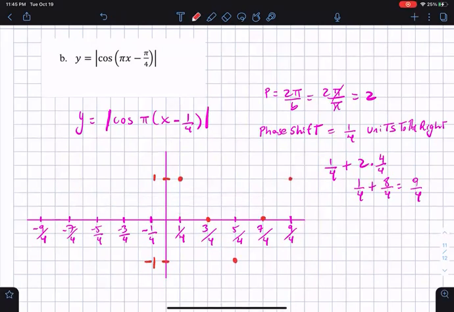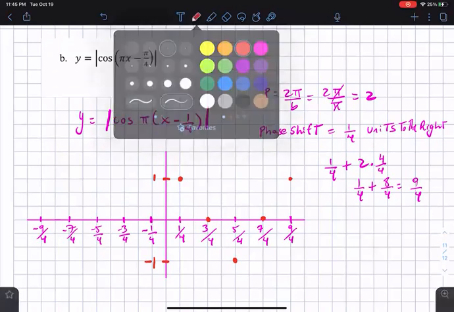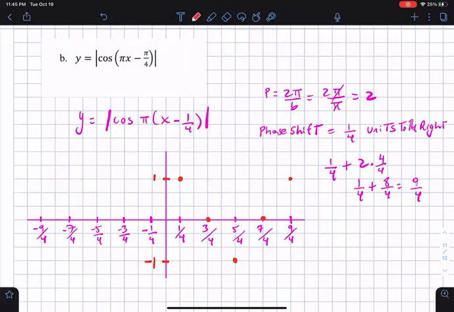That's 1 period right there, right? And then the next will be here, here, here, here, and here, right? So now you trace this.